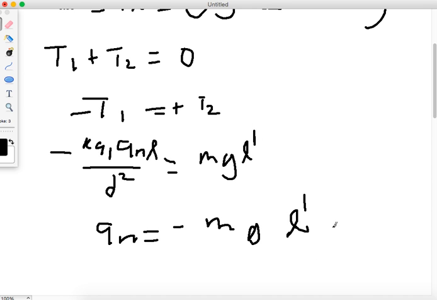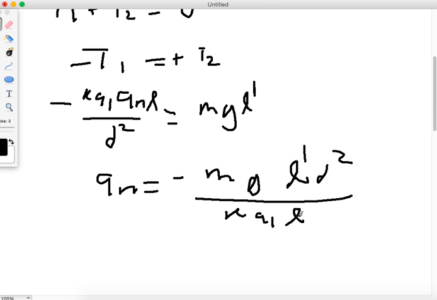That was a little confusing. This is L1, which is 0.5.